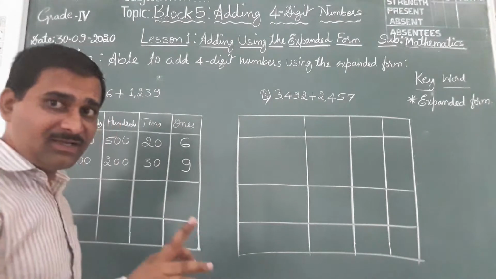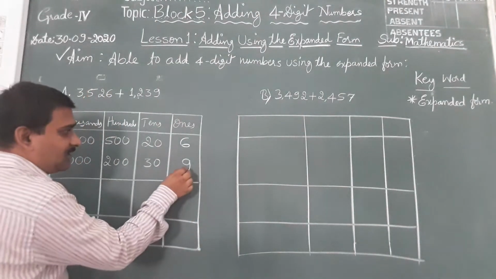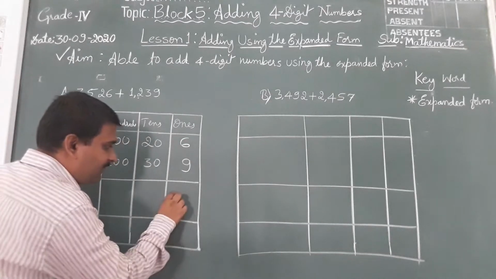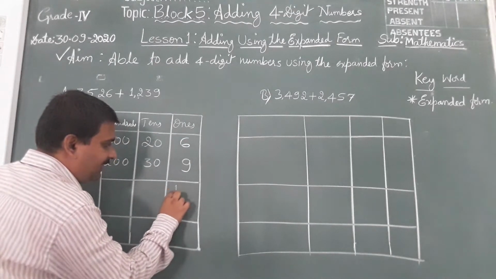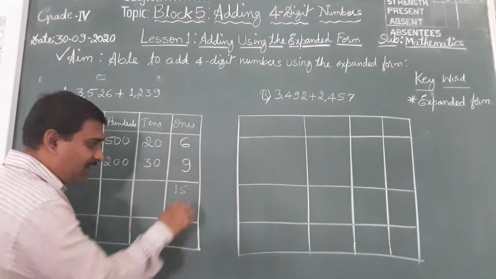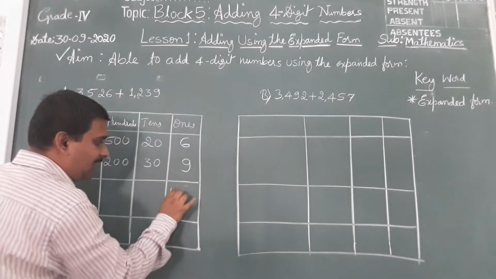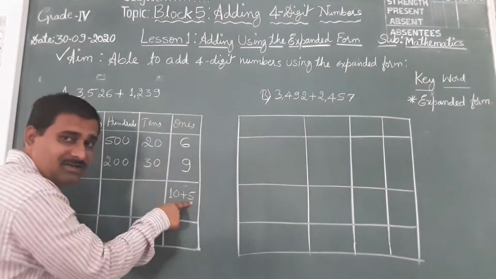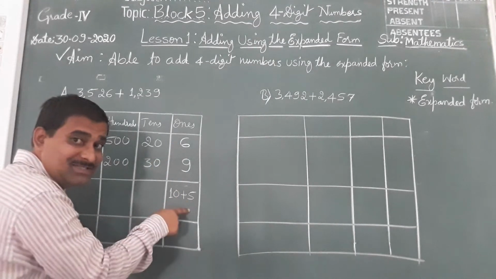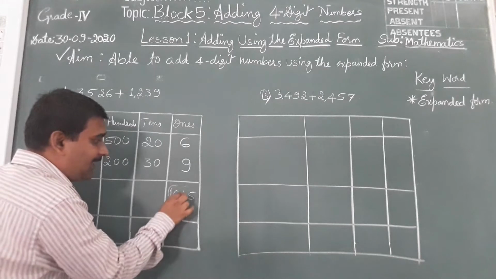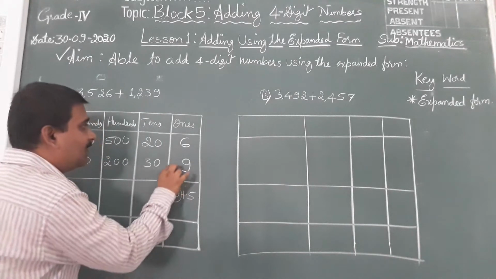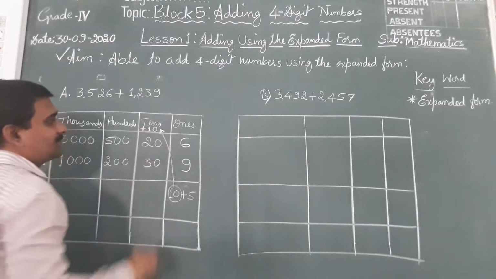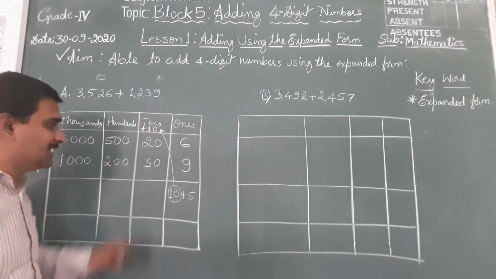Addition, but be careful. See children, 9 plus 6 is 15. 15 means what? 10 plus 5. So why have I written 10 plus 5? This 10 will go here as a carry.